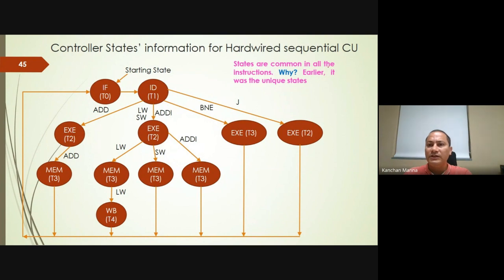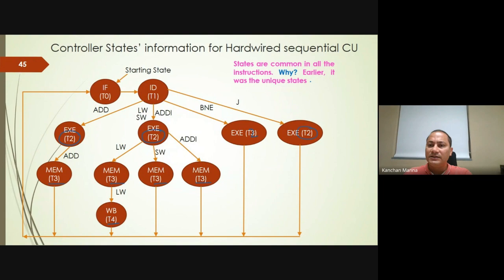That's what it is saying: states are common in all these instructions. You see T0, T1, and then T2 is appearing here, T2 is also appearing here, and this would also be T2. T3 is appearing here, and also T4.